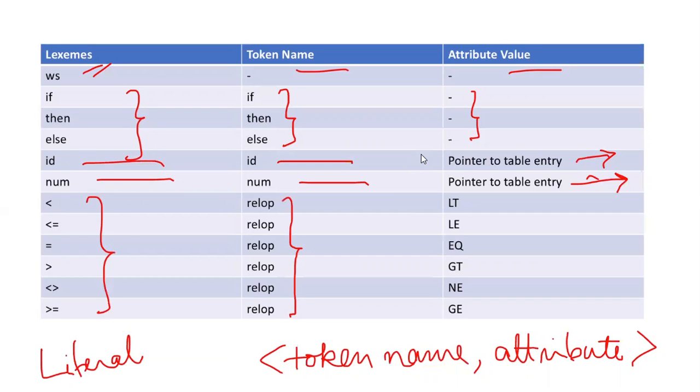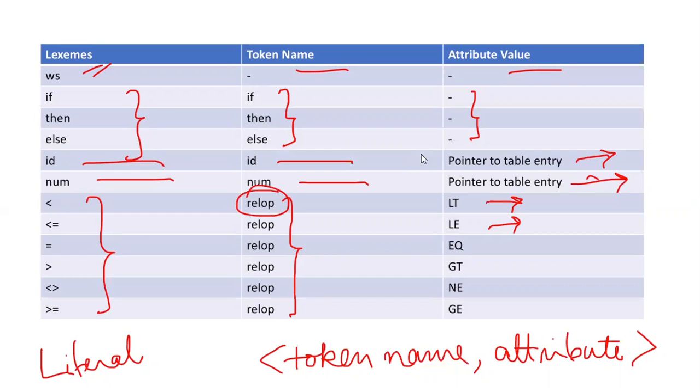And what are the attributes? The attribute is the actual operator that corresponds to this particular lexeme. So lt means less than, le means less than or equal, eq means equal, and so on. These are the attributes for the relational operators, and their token name is rel-o.